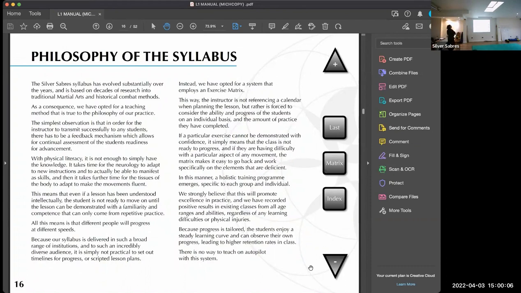As a consequence, we have opted for a teaching method that is true to the philosophy of our practice. The simplest observation is that in order for the instructor to transmit successfully to any students, there has to be a feedback mechanism which allows for continual assessment of the student's readiness for advancement.